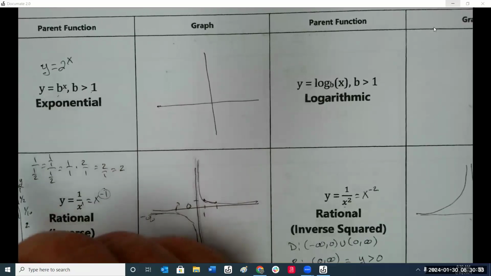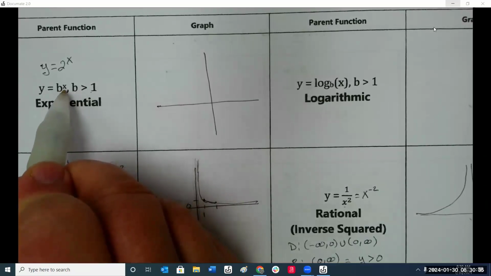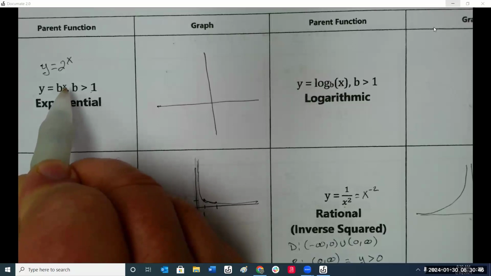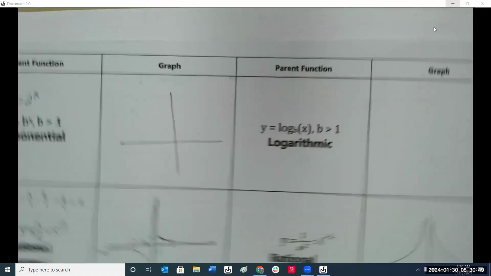If b was negative. Okay, first off, can x be negative? Yes, it can be. Can x be 0? Yes, it can be. Can x be positive? Yes, it can be. Let's look at those.